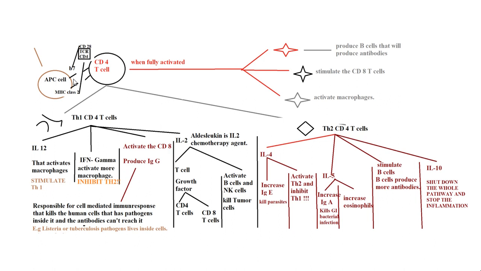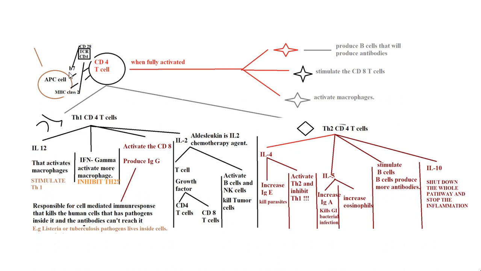A certain connection should happen between a protein called the B7 protein on the antigen presenting cell with the CD28 receptor on the CD4 T cell. And the MHC class 2 receptor should combine with the T cell receptor and the CD4 molecule on the surface of the CD4 T cell.